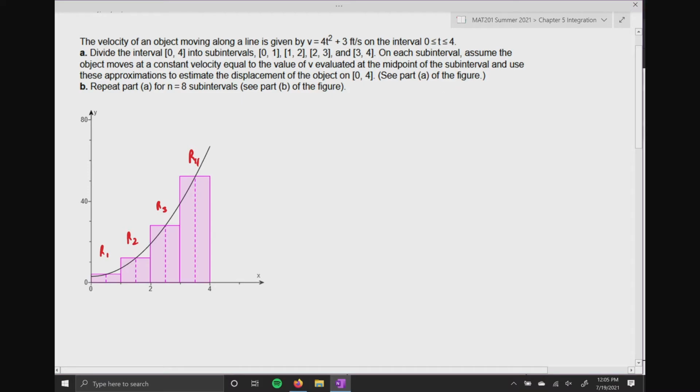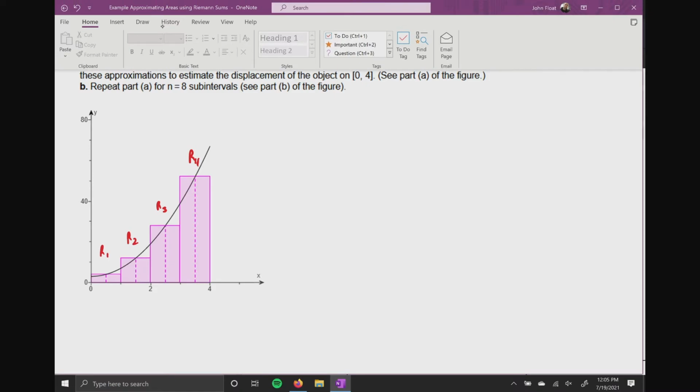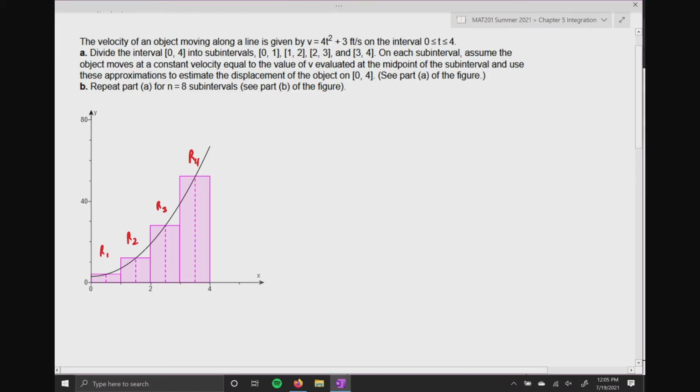Okay, let me get out my black marker here. Give me 1 second. Here we go. So the displacement of the object is equal to rate times time, which should look very familiar now.